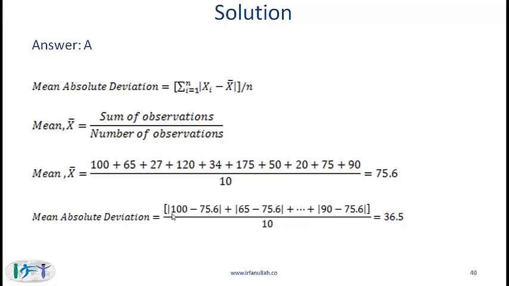And when you take the deviations, you have to take the absolute value of the deviations. So this is exactly the same as what we have done earlier. Your answer should be 36.5.